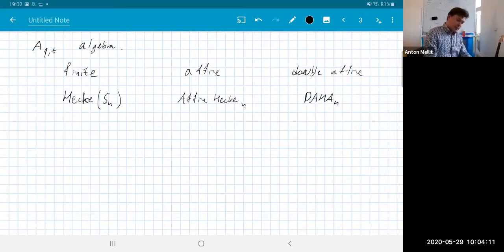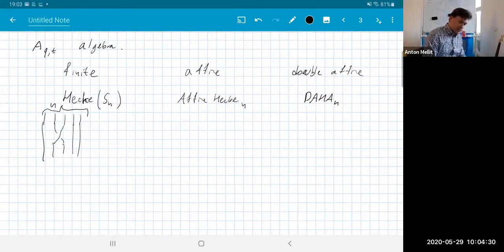So how do you think about the Hecke algebras? You can draw n strands, and you can consider braids like this. And this is like T2.